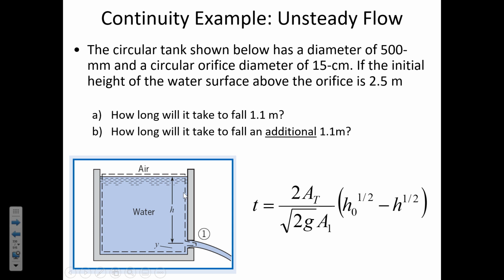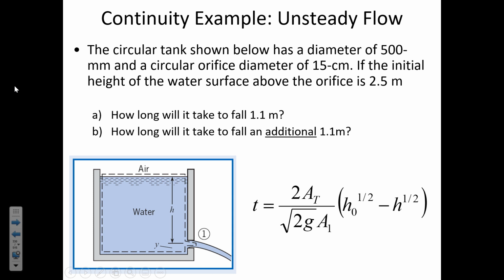It still has the same orifice and the same diameter. Those haven't changed, but the new height is going to be 1.1 meters lower than before. So H is 2.5 minus 1.1 meters. I'll leave it to you to calculate that, just to make it plain that this H is not the fall distance. It's the height of the water above the center line of the orifice.